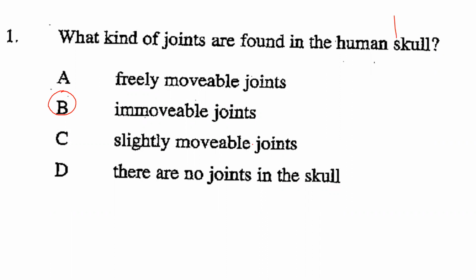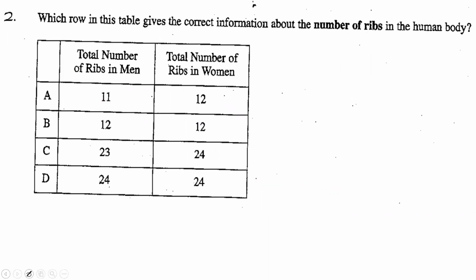The next question is for Alicia Brown to read. Go ahead, Alicia. Which row in this table gives the correct information about the number of ribs in the human body? Read options for me, please.